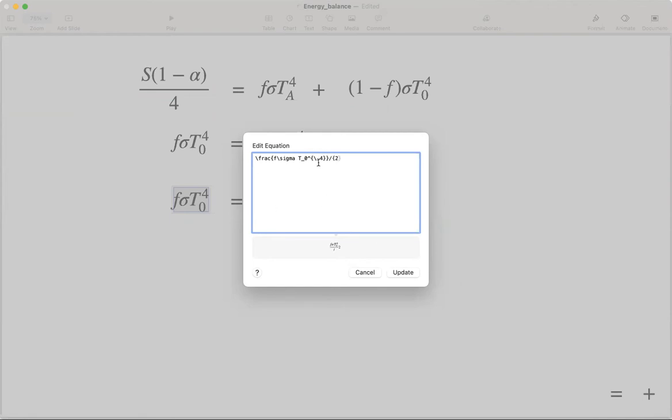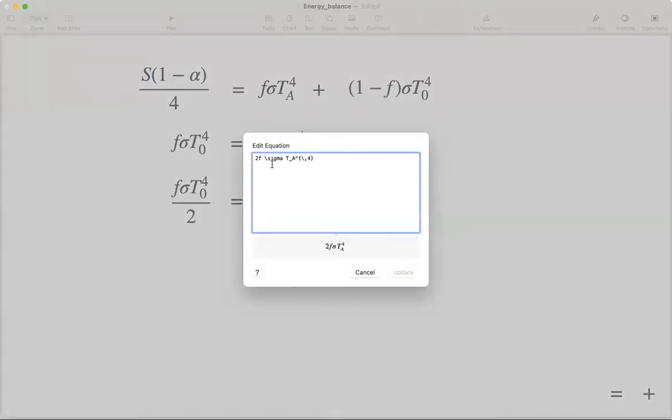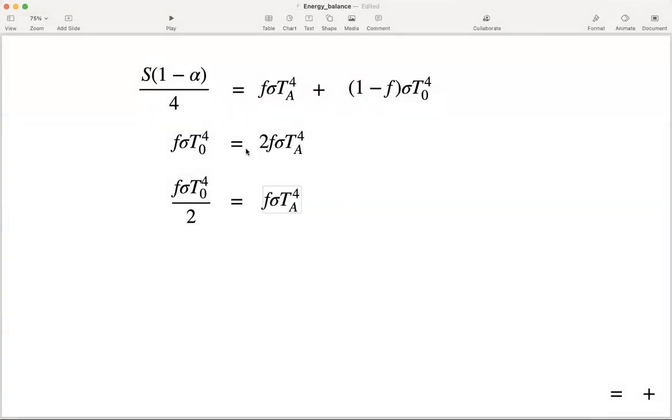Oops, what did I do? There we go. So we divide by 2 here. And then if we divide by 2 here, that just gets rid of that 2, right? Because 2 divided by 2 is just 1. So now you can see that this is exactly equal to this.